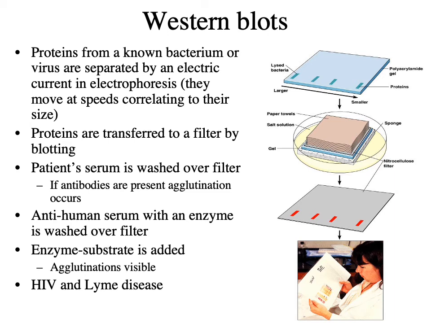And it's where we look for the antibodies to see if there is agglutination, which means clumping, when they are combined. So we're looking for antibodies and agglutination for HIV and Lyme disease.